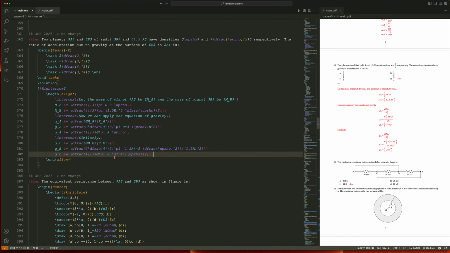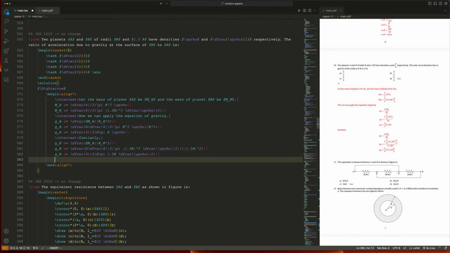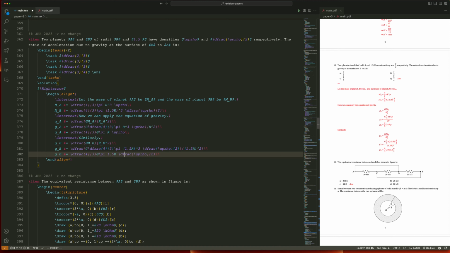So let's put 1.5 instead, and then see what happens, and then we can proceed from there. 4 by 3, no, it's not right, because it's totally missing the 1.5 part. That means we will have 3 by 2.